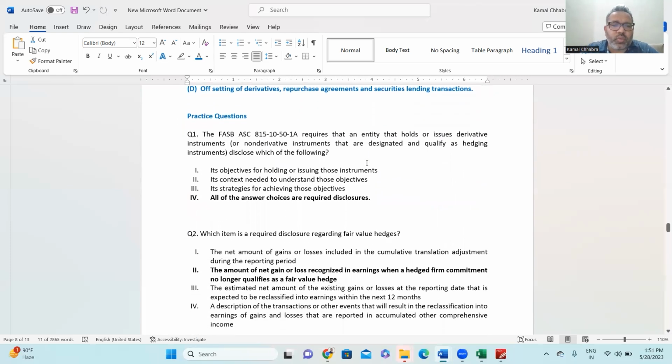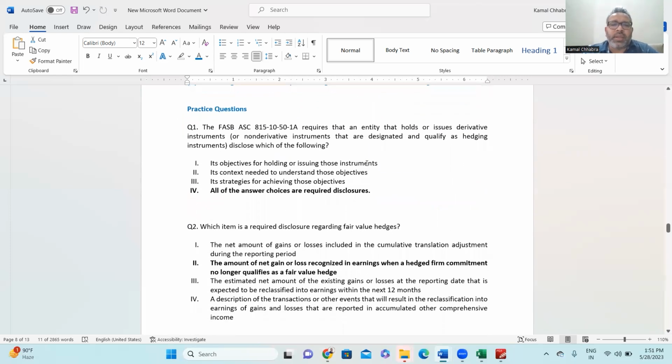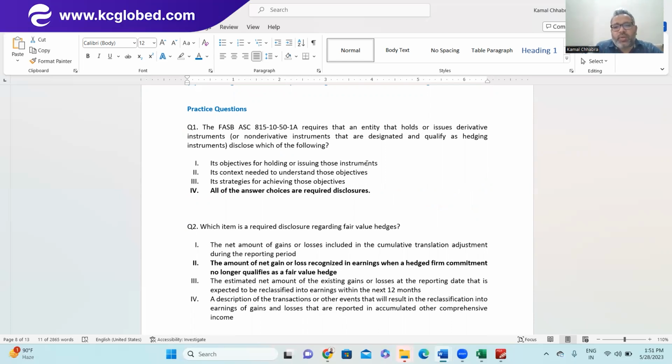Let's do two quick questions. The FASB ASC 815 requires that an entity that holds or issues derivative instruments or non-derivative instruments that are designated and qualified as hedging instruments disclose which of the following. What is the call of the question?